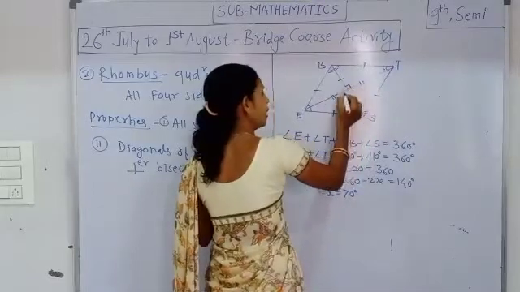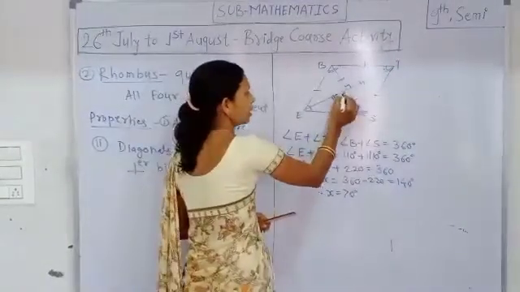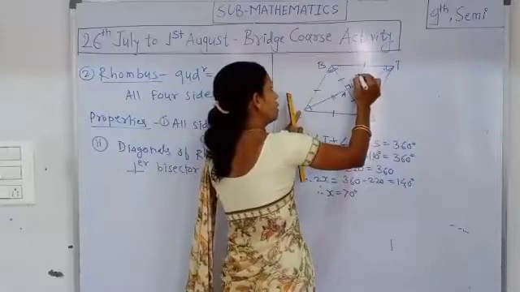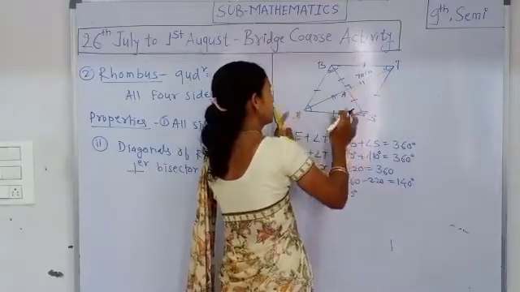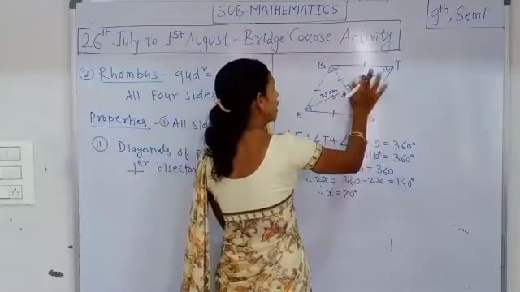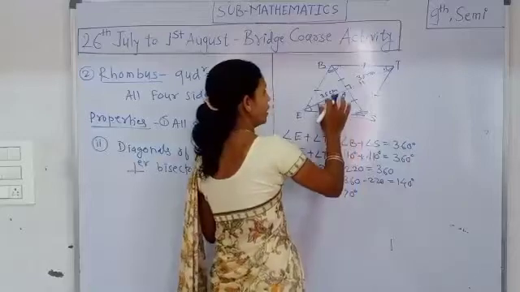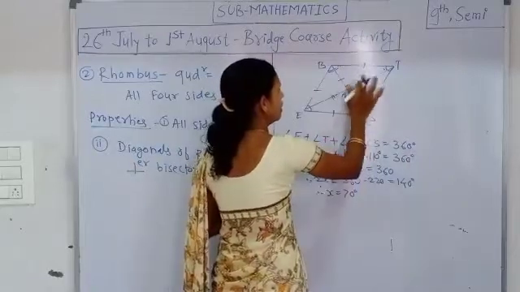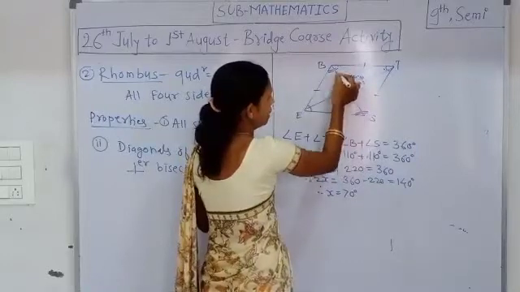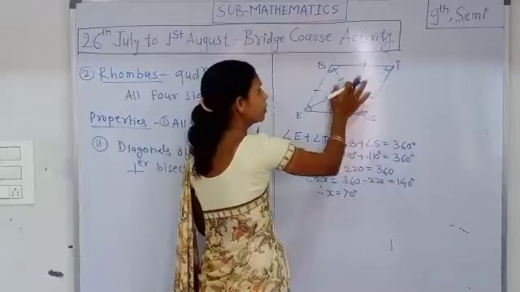If they bisect at point A, and the length of ET is 70 centimeters, then AE is 35 centimeters and AT is 35 centimeters. As well as if the length of BS is 24 centimeters, then AB is 12 centimeters and AS is 12 centimeters.